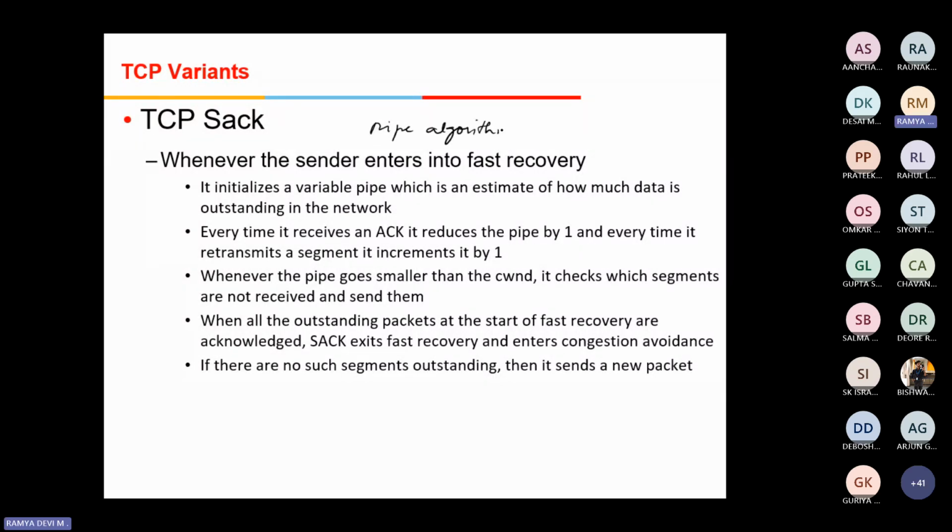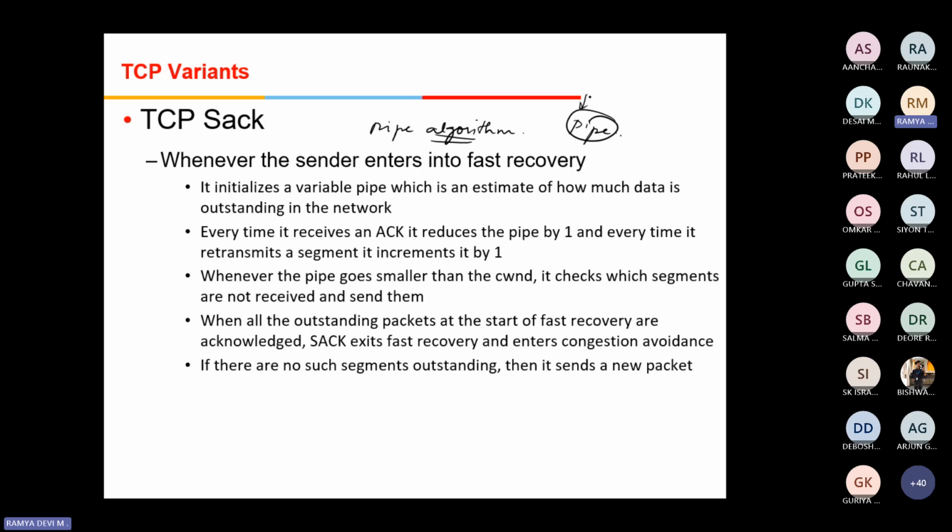Whenever the sender enters fast recovery, it initializes a variable called pipe. This variable is an estimation of how much data is currently outstanding in the network, meaning data that has been sent but not yet acknowledged. So this pipe will be dynamically updated.